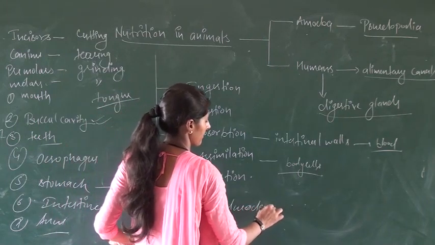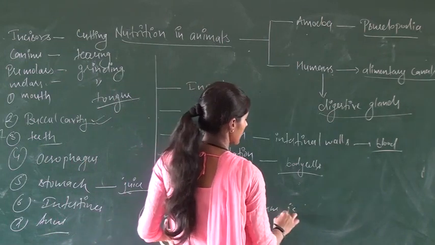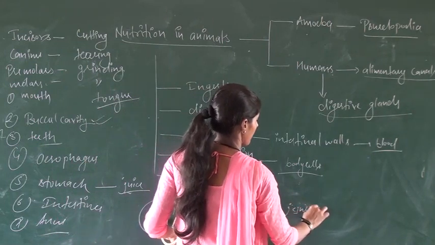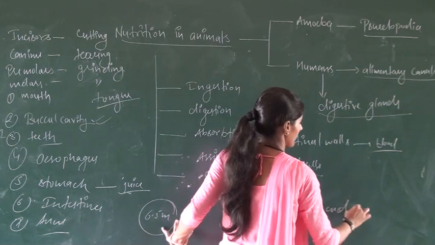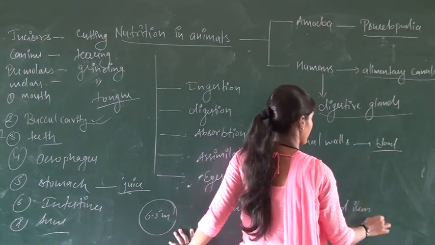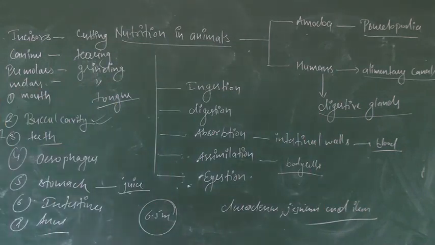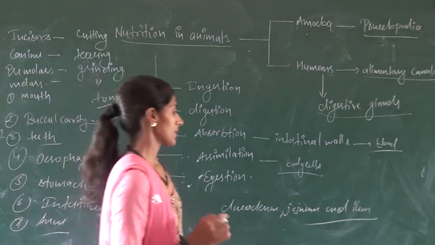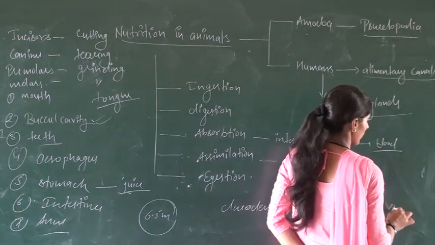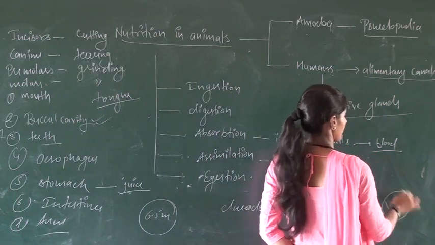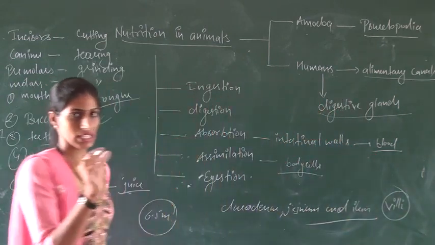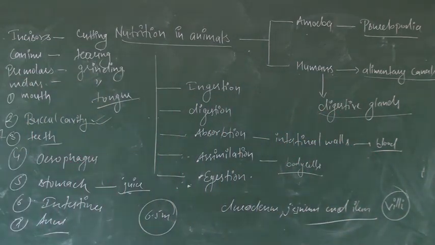Duodenum, jejunum and ileum. These are the 3 parts of the small intestine. There are finger-like projections also found in the small intestine, which are known as the villi.